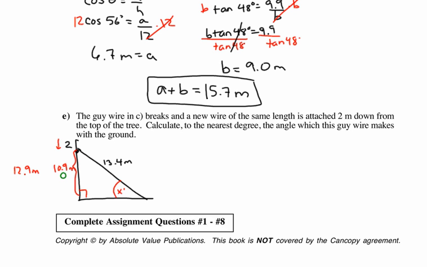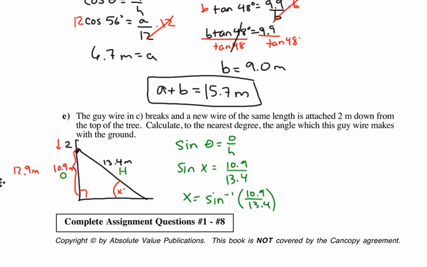Okay, we have two sides of our right triangle, opposite and hypotenuse. We're going to use sine. Sine of our angle equals opposite over hypotenuse. So sine of angle x equals 10.9 over 13.4. And how do we get our angle by itself? We use inverse sine of our ratio.